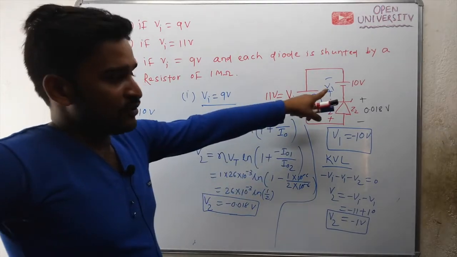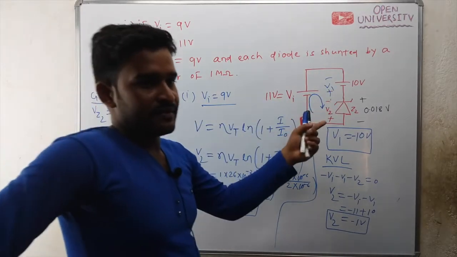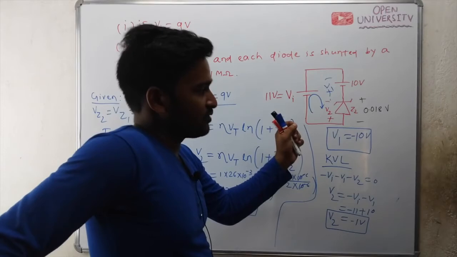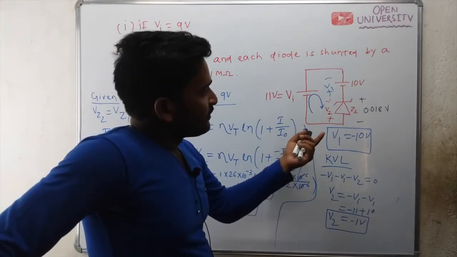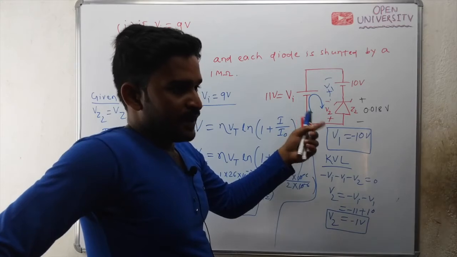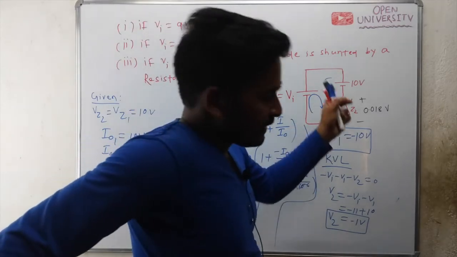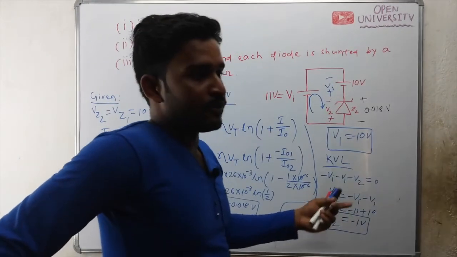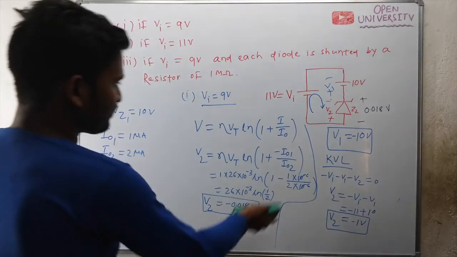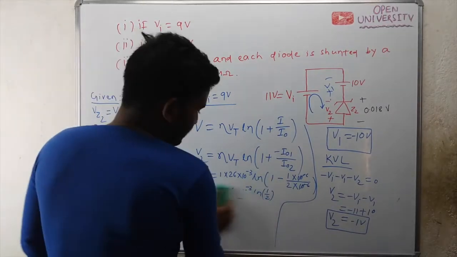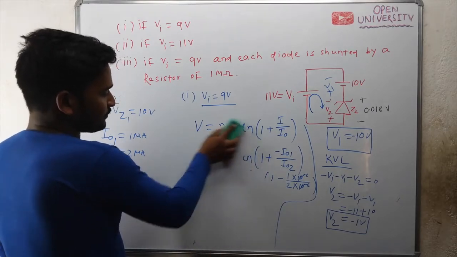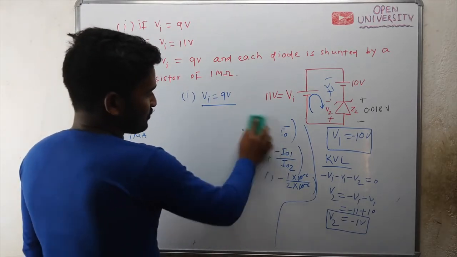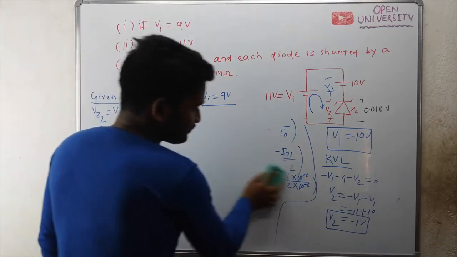If it is in breakdown, then replace Z1 with a constant voltage source. Then again find out the voltage across Z1, then again apply KVL to get the voltage across V2. This is the process you need to follow to get the voltage across V1 and V2.